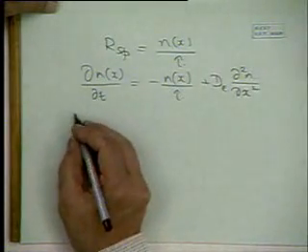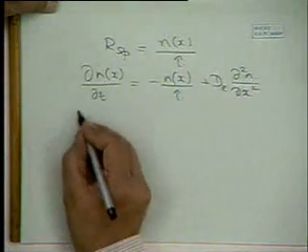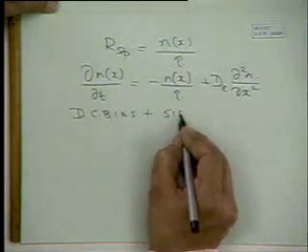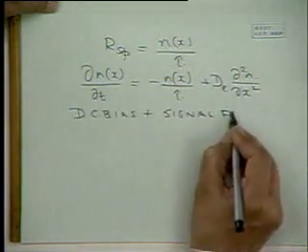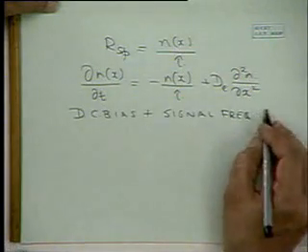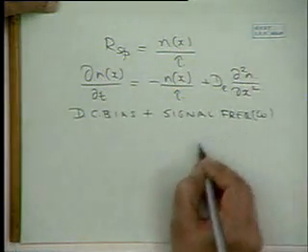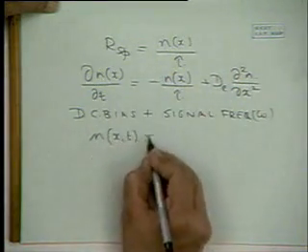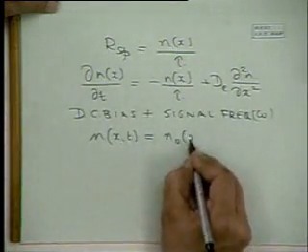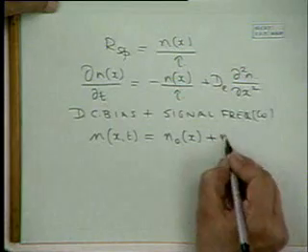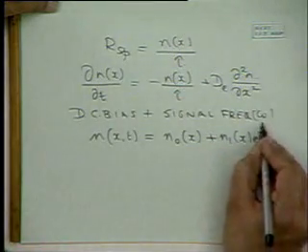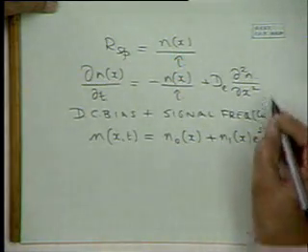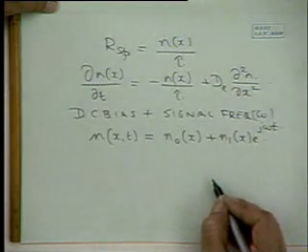Now, most of these LEDs are operated with a DC forward bias plus a signal which is modulated at a frequency omega. So the carrier concentration n(x,t) has a steady component n0(x) plus a time varying component n1(x) e to the power j omega t. Now, if you substitute this in, you get two equations.